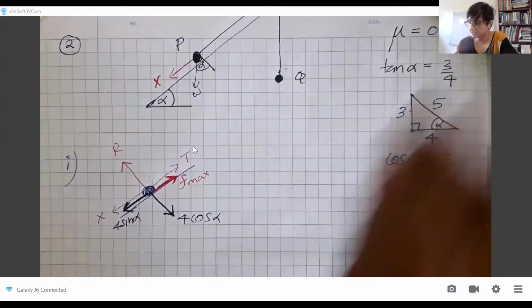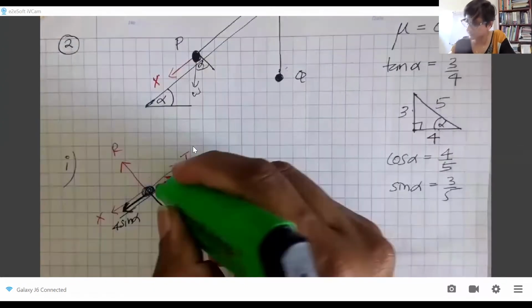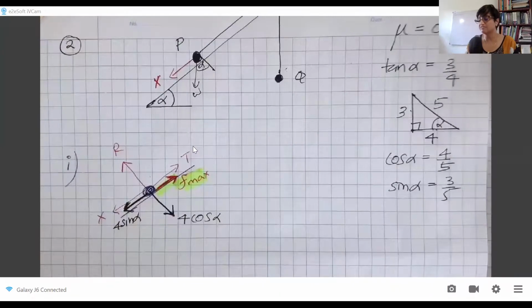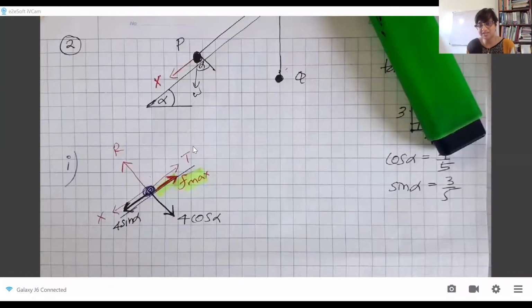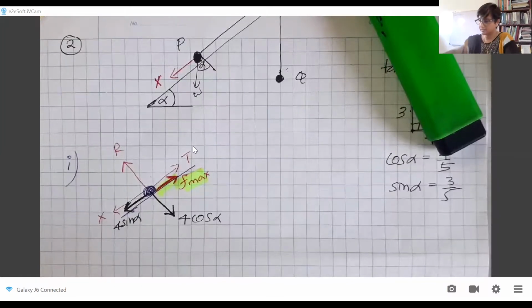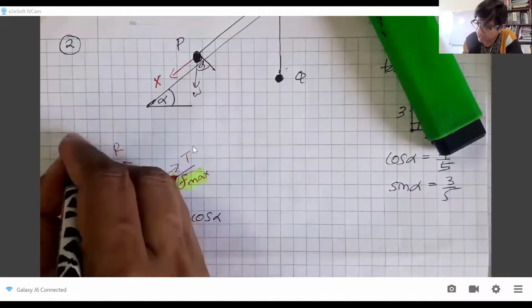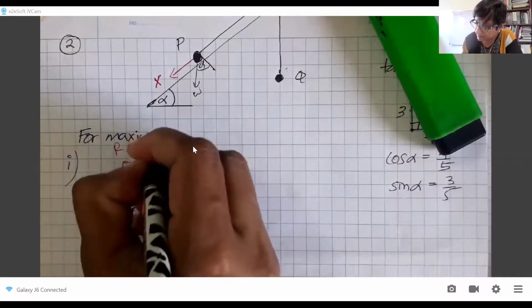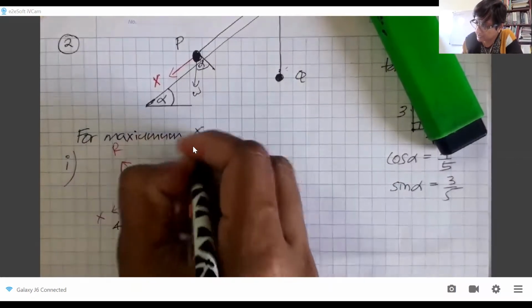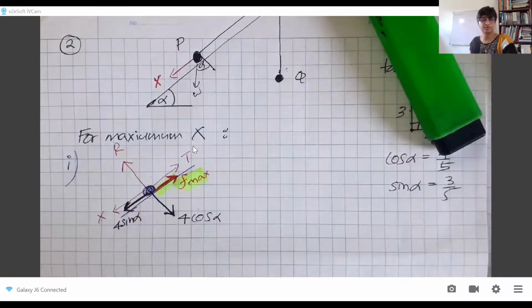Now this is the key in this question: placement of F max. Knowing in what direction friction has to be added to the diagram, depending on what they're asking. They are asking us the maximum value of X, so let us write on top here, for maximum X. This is how forces would act.